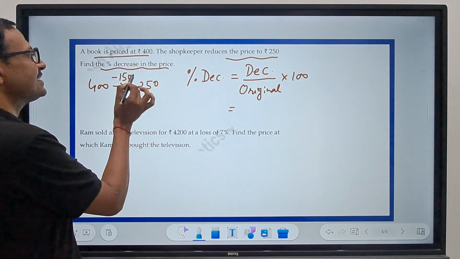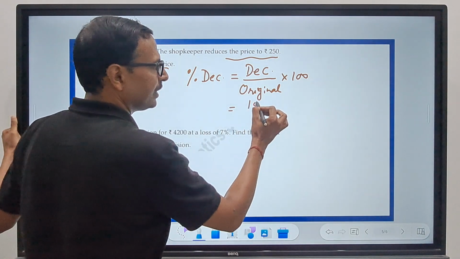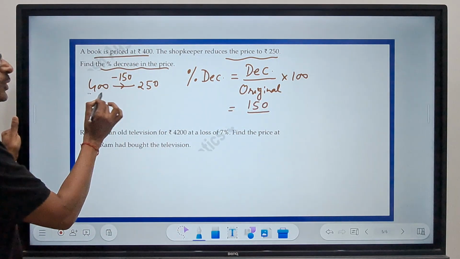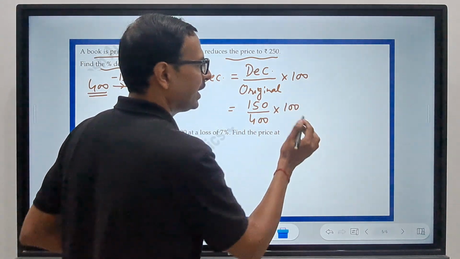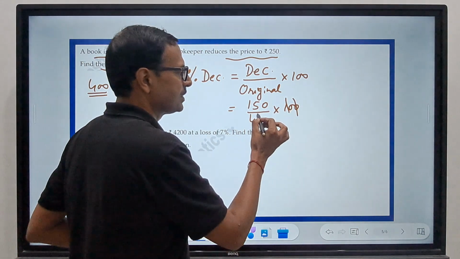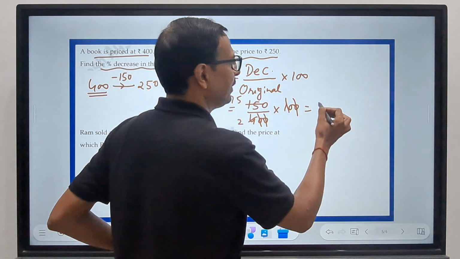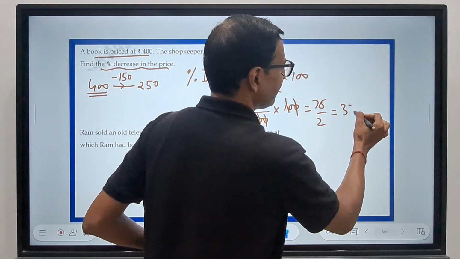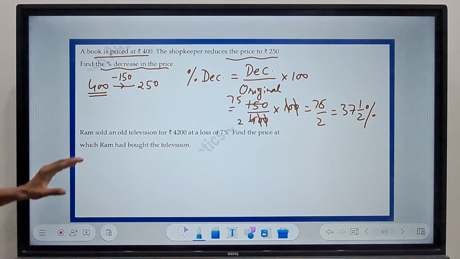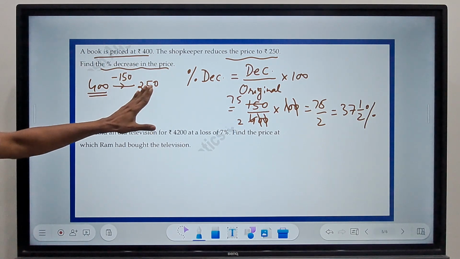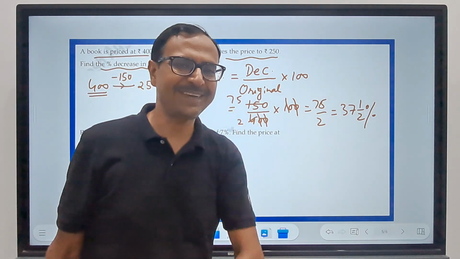The decrease is 150, 400 to 250, divided by the original quantity 400, times 100. So two zeros cancel out, this is 75 and this is 2. So 75 by 2 gives us 37.5% as the percentage decrease when something is reduced from 400 to 250. Another important concept, percentage increase and percentage decrease.